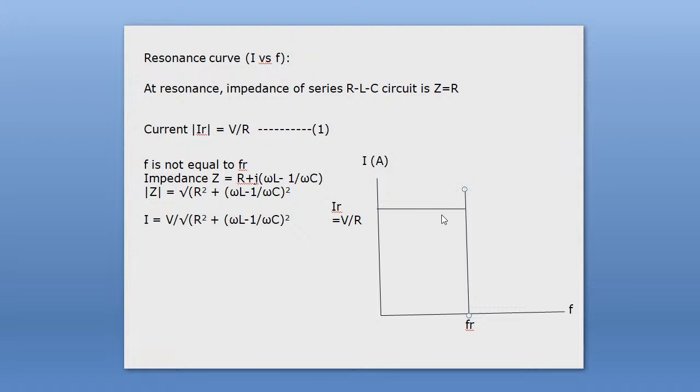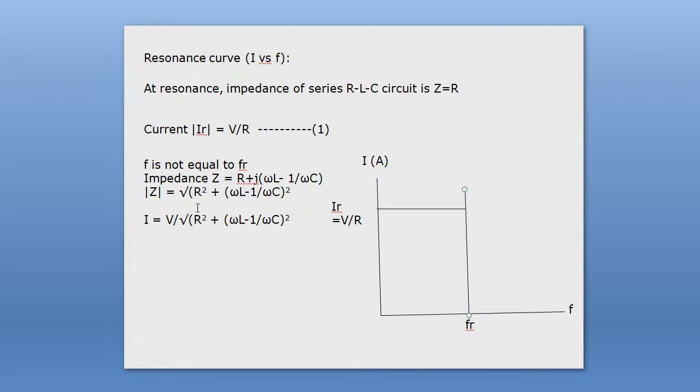Then what will be the value of current for frequency lower than resonant frequency, I mean this region, and greater than resonance frequency, this region? The current will be smaller than the value of current at resonance frequency, because the numerator term is fixed, V, but the denominator term is different.